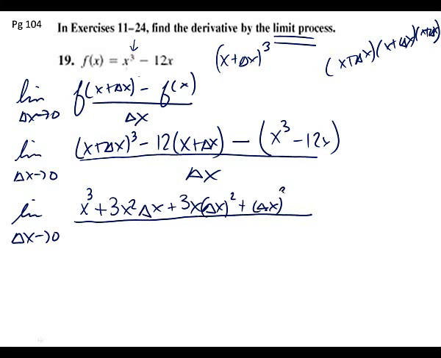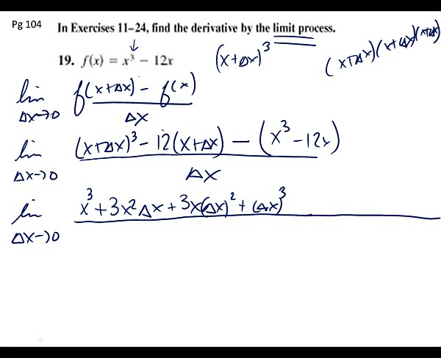I foiled two of these, and then I have a trinomial times a binomial, and I use the box. We've done that in your notes before.